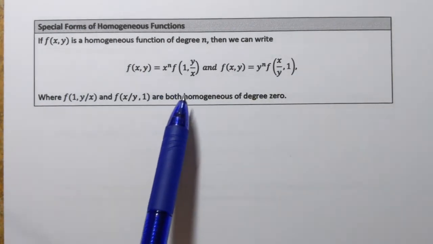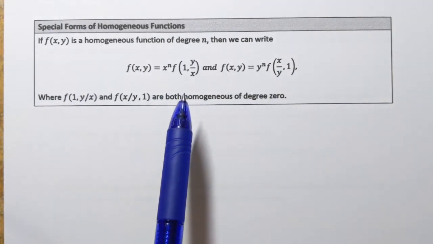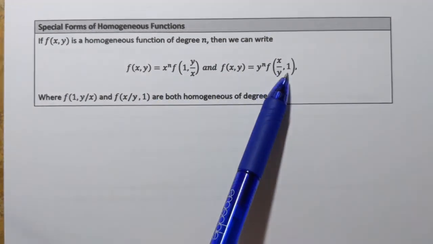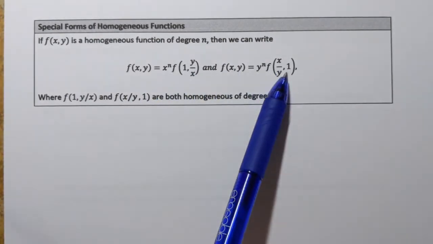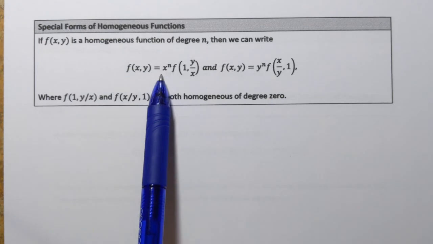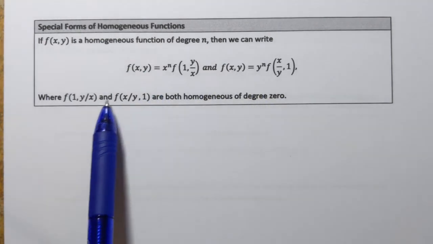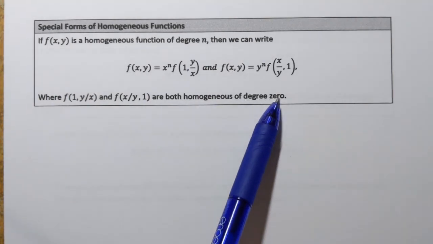And another interesting fact, which we haven't checked, and you can do it as an additional exercise, those two functions, they're also homogeneous even after we pull out x to the power n or y to the power n. They're both homogeneous of degree 0.